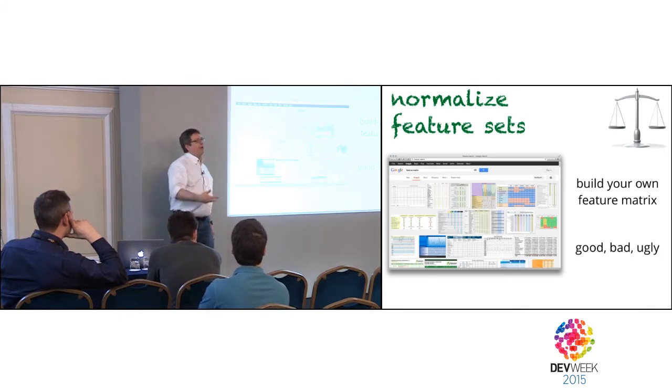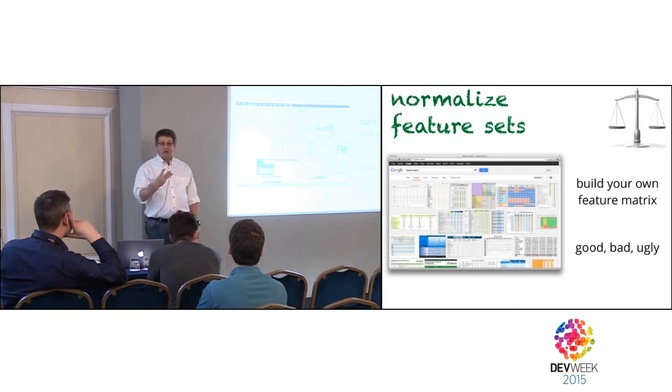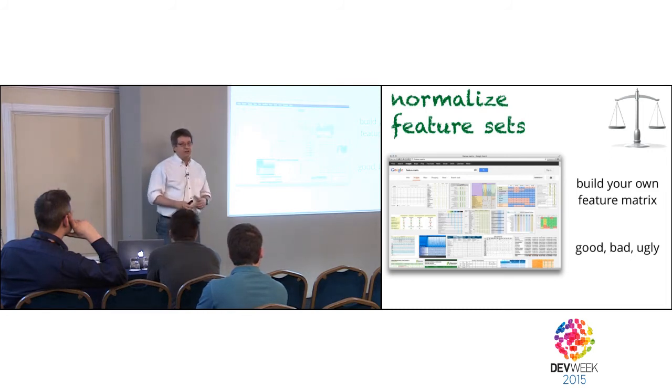But you won't scroll down to the bottom and see a little asterisk that says, oh, by the way, Bob's framework sucks at three things you desperately need to do as part of your application. Because they're always marketing to you. And so that's why you need to build your own feature matrix. Say, okay, we can assess this technology. What are all the things we're going to need this technology for?